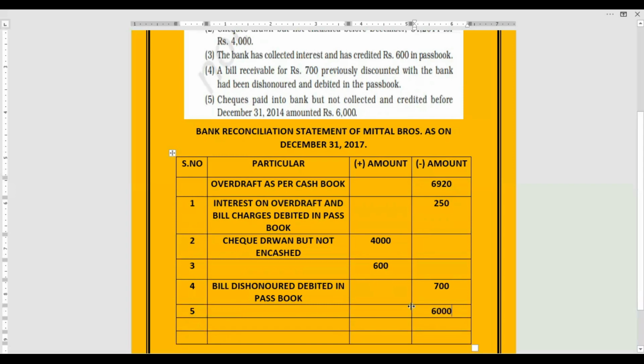That's all. Now we have to find out the difference between the total amount of the minus column and the total amount of the plus column.